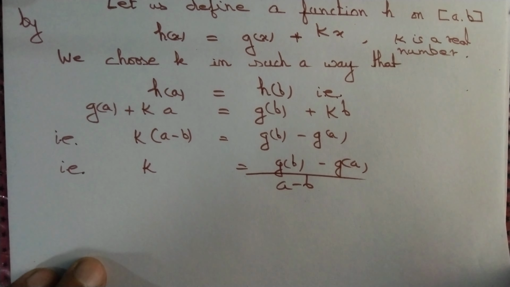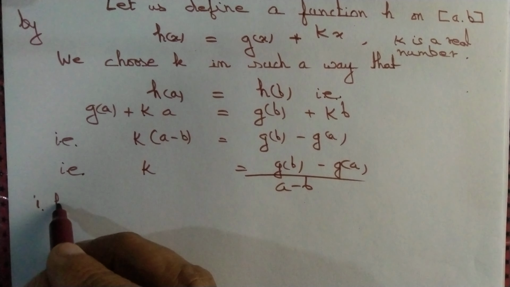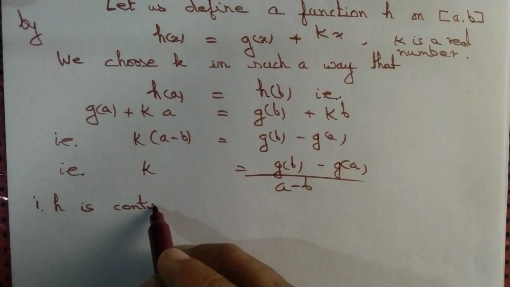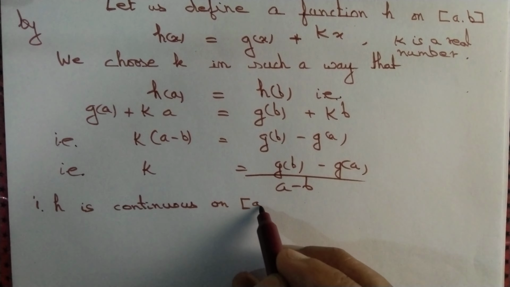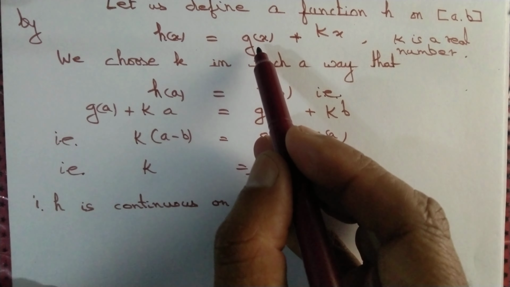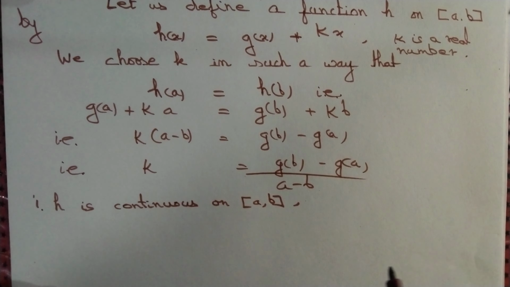Now we see that h is continuous. First point, h is continuous on the closed interval [a, b] as g is continuous and k times x is continuous. So h is continuous, it is a sum of continuous functions.